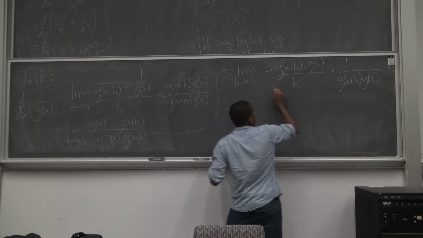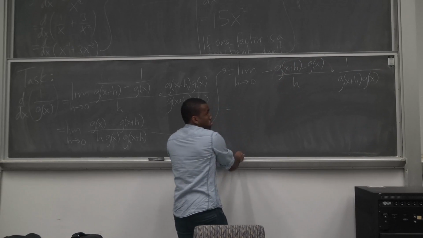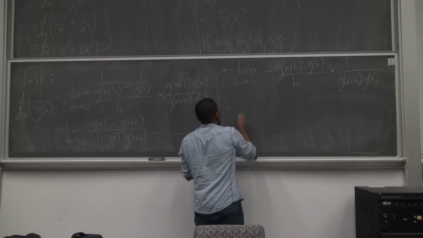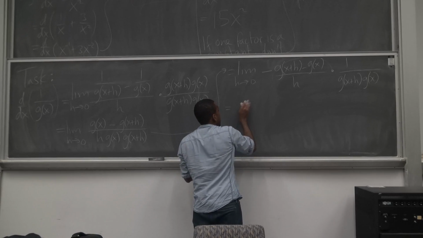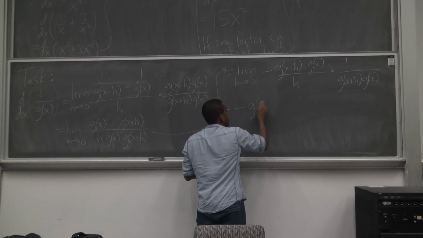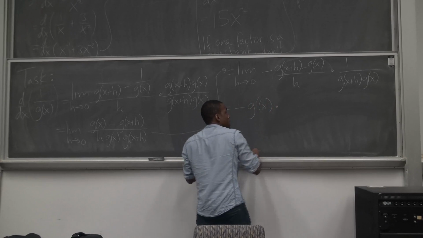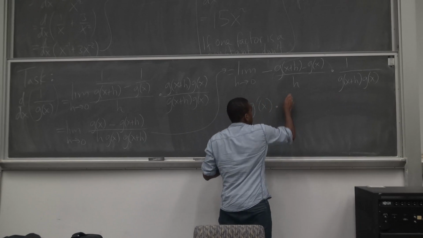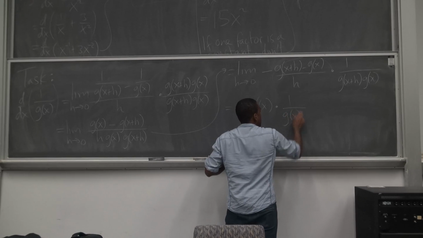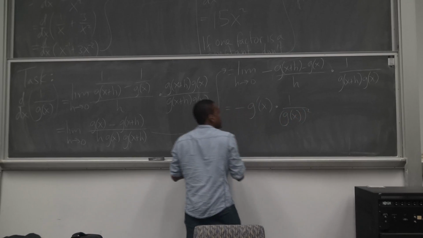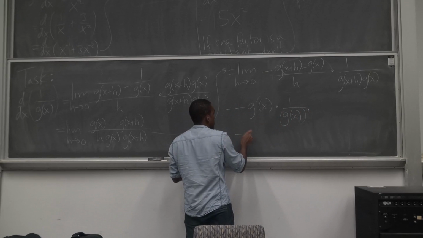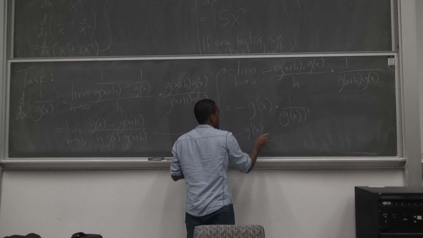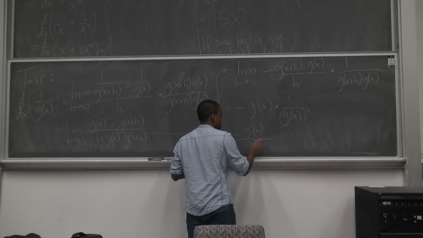What's happening is, by definition, this is actually just the derivative of g. So this gives me negative g prime times, if I plug in h equals 0, I just get 1 over g squared. In other words, I get minus g prime over g squared.